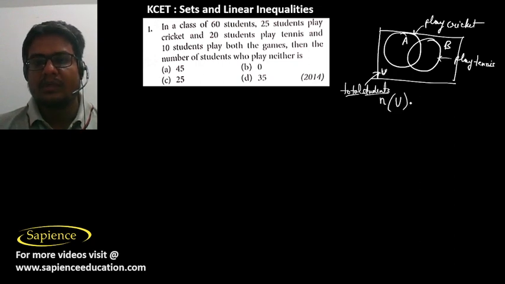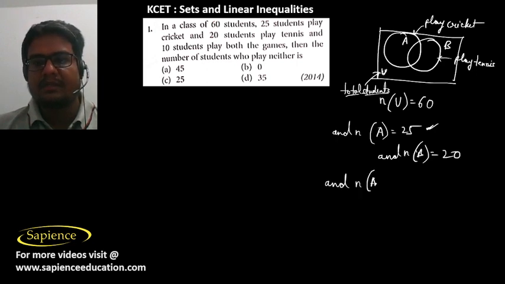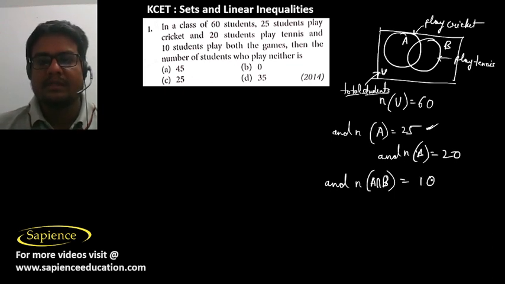So n of U is 60, n of A is 25, meaning the number of students who play cricket is 25, n of B, the number of students who play tennis, is 20, and n of A intersection B, the number of students who play both tennis and cricket, is 10.